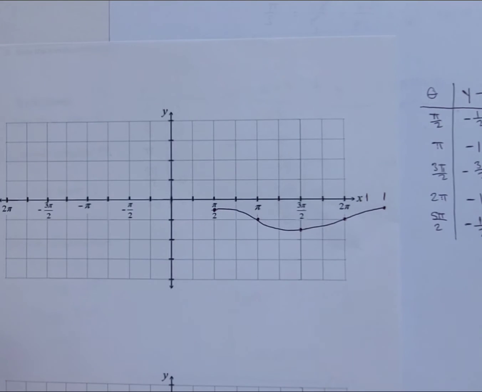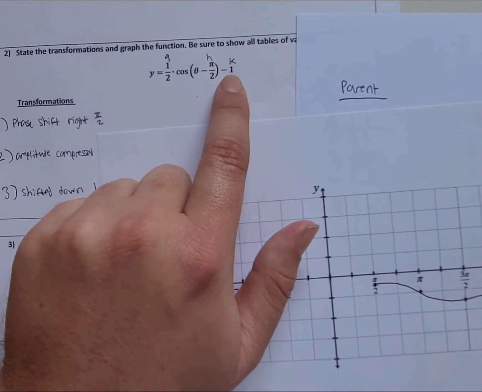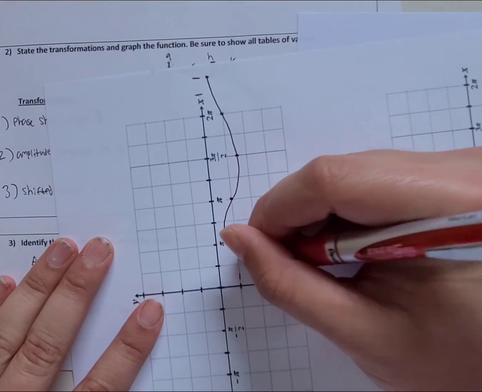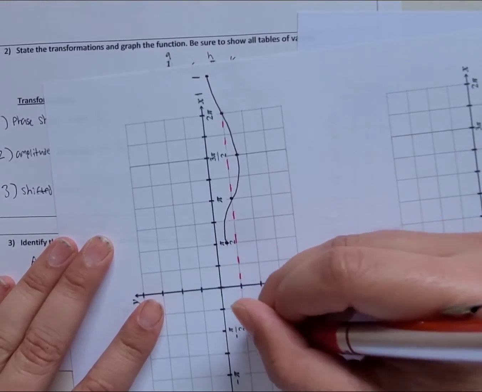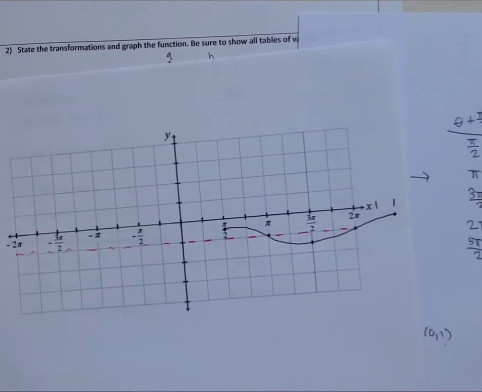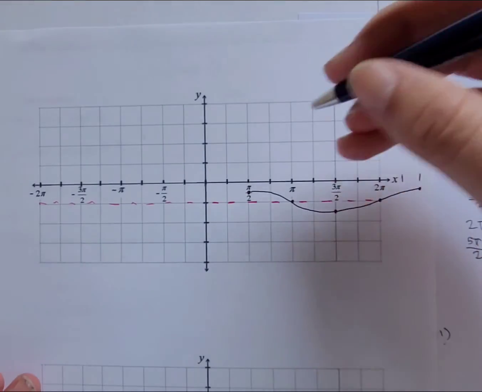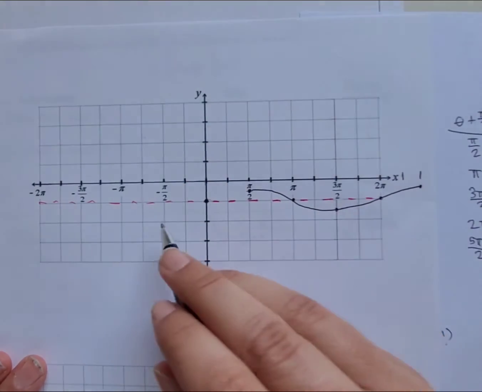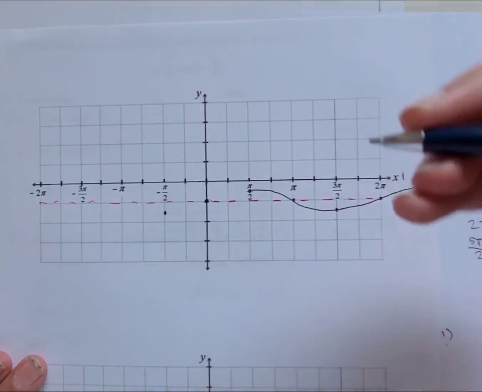And I want to place down my midline on my graph. Remember, my midline is just y equals k, so I'm going to have y equals -1. I'm going to draw my midline as a dotted line on y equals -1. And then remember, these values are just going to repeat into a nice wave. If I go to 0, I'm going to go back down to my midline. If I go to -pi over 2, I'm going to go back down to -3 over 2.